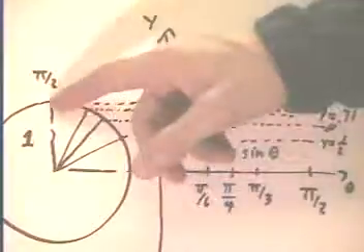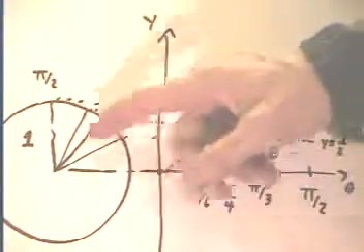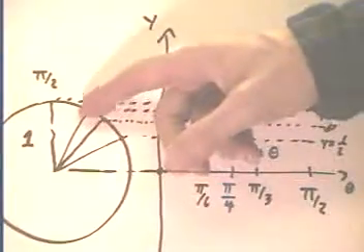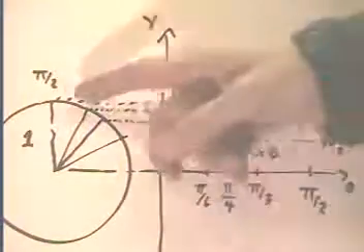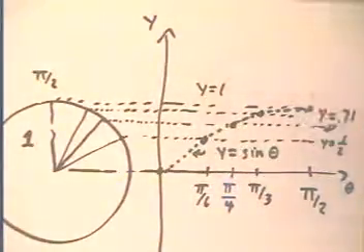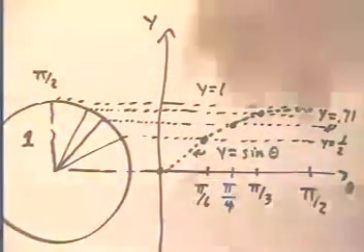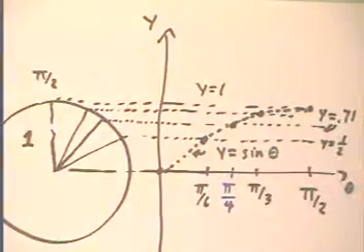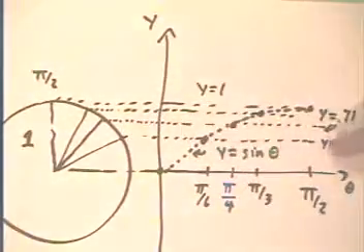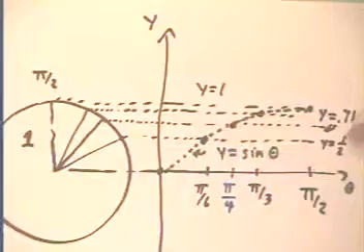We've drawn the horizontal projections of the points corresponding to the angles 0, pi over 6, pi over 4, pi over 3, and pi over 2. At pi over 2 on a circle of radius 1, the y-coordinate is of course 1. At 0, the y-coordinate is of course 0. At the angle pi over 6, the y-coordinate, as we've seen, is 0.5 or 1/2. So the y-coordinate here is 1/2, and we draw a dotted line at y equals 1/2.